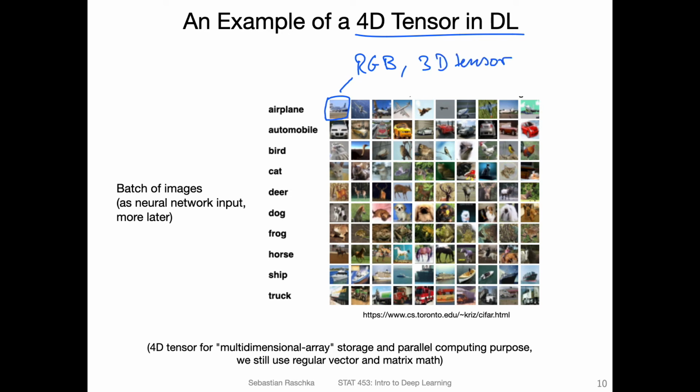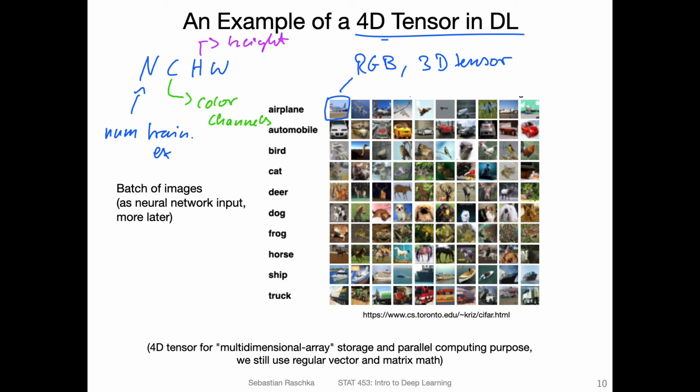And then also regarding the dimensionality, usually in deep learning we have the dimensionality of these 4D tensors as n, c, h, w, where n is the number of training examples, then c is the number of color channels, for example 3 in the case of RGB, and then h is the height of the image, and w is the width.